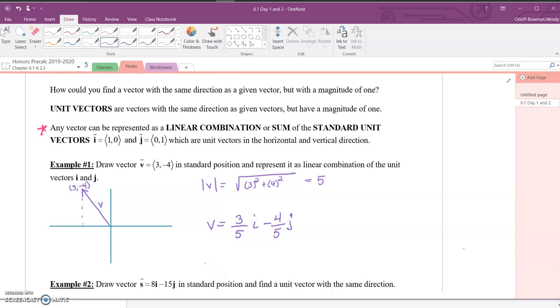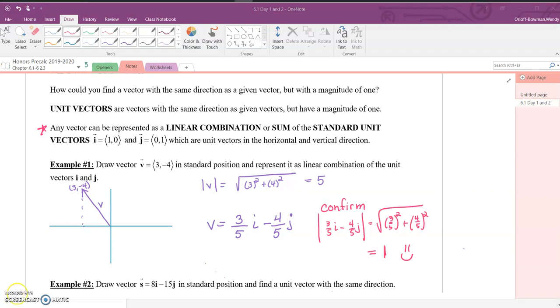You can see that now I've written it as a linear combination, and I can confirm that this new vector has a magnitude of 1. Go ahead and confirm your magnitude is 1. You can see that I confirmed it in pink by finding the magnitude of the unit vector of v. My smiley face indicates that I'm very happy we did that problem right.